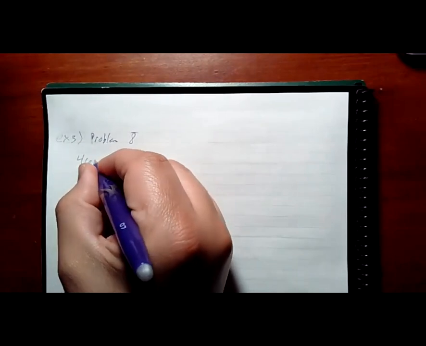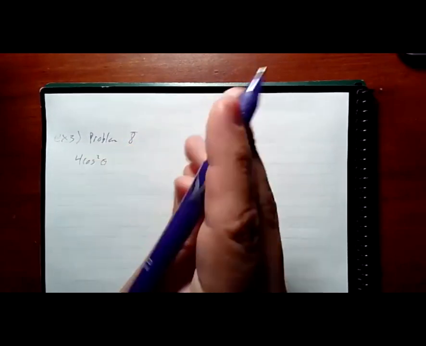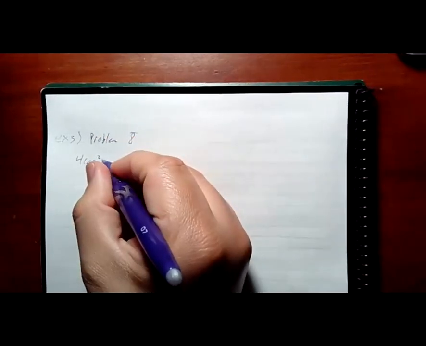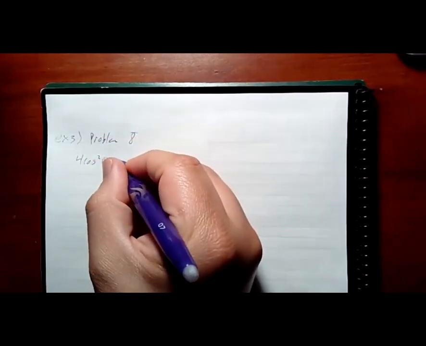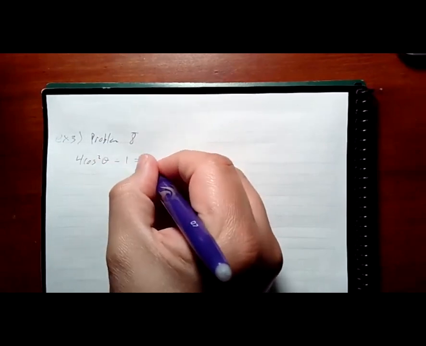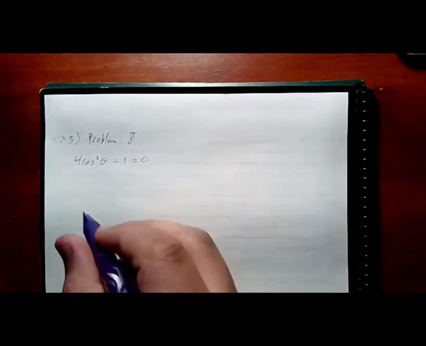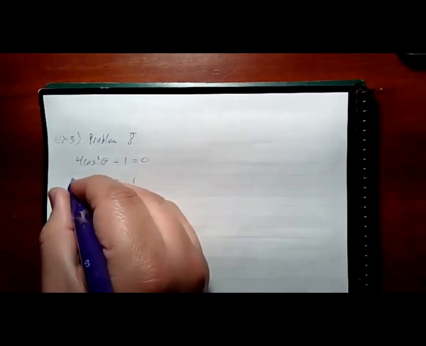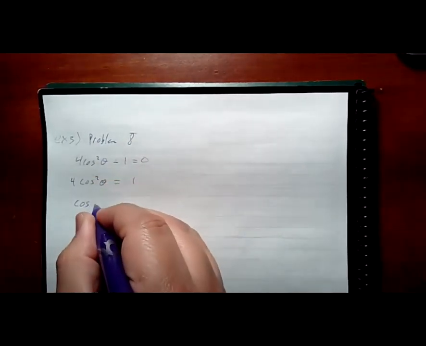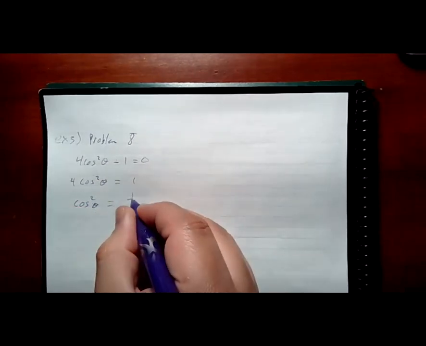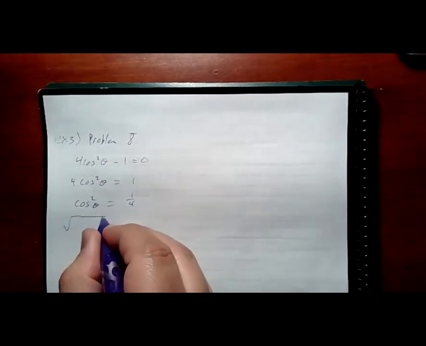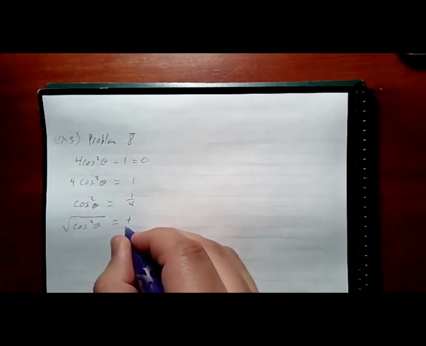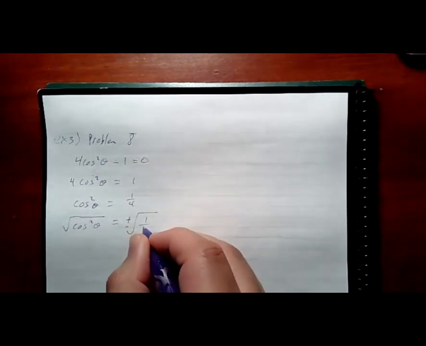So 4 cosine squared theta, or I guess they use x, it doesn't matter really, I'm going to stick to theta, minus 1 equals 0. Isolate cosine. Divide by 4. Square root both sides. You've got to tack on the plus or minus whenever you square root.